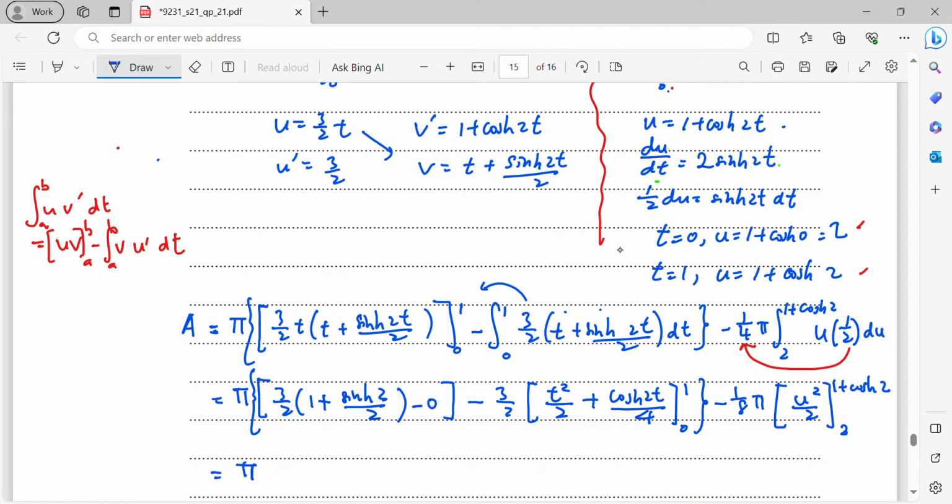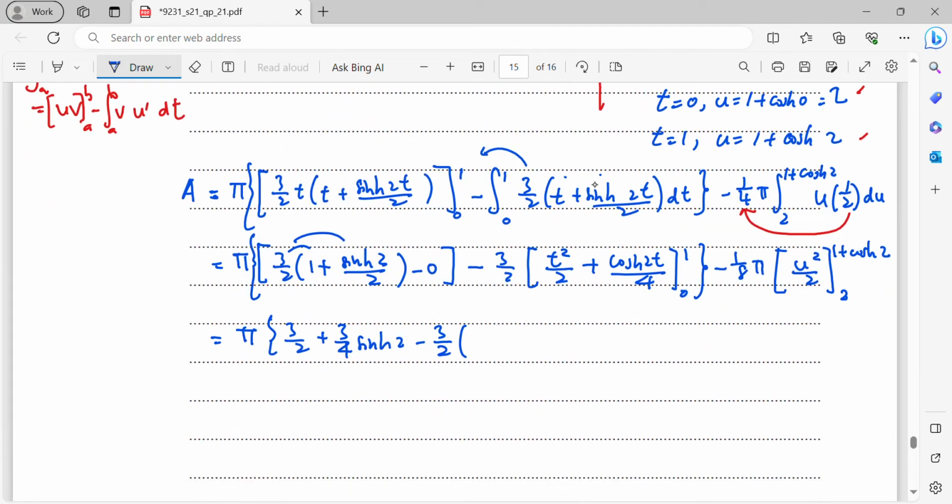Okay, so here simplify. I will do the expansion. 3 over 2 plus 3 over 4 sine 2. Okay, then minus 3 over 2. So replace the t by 1.